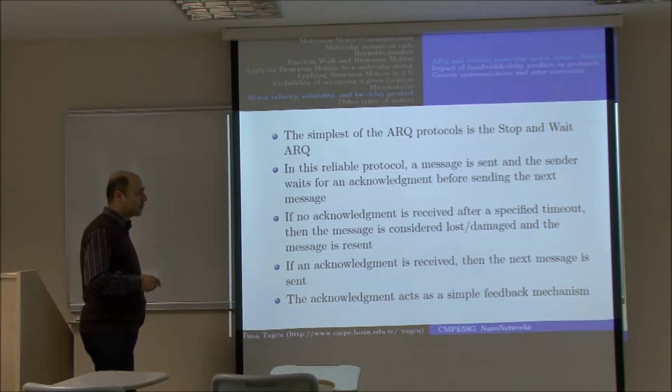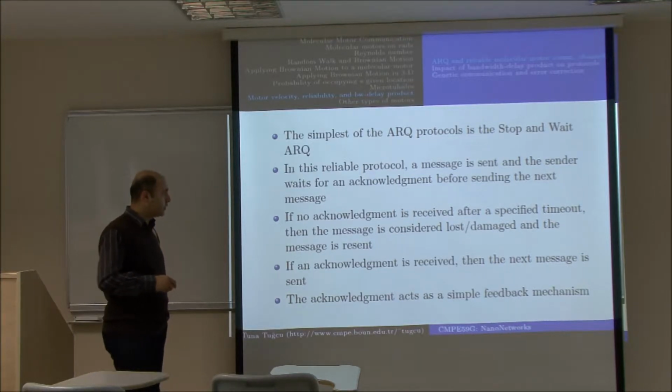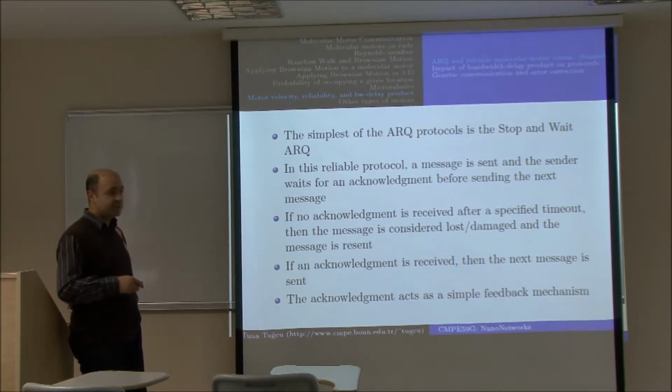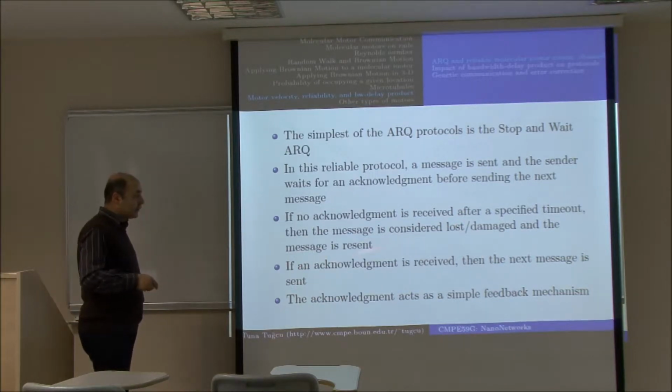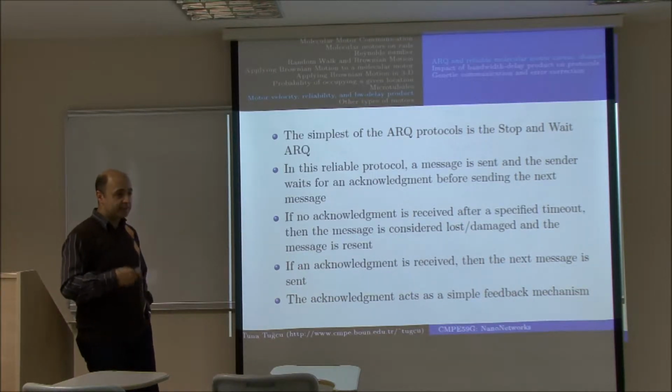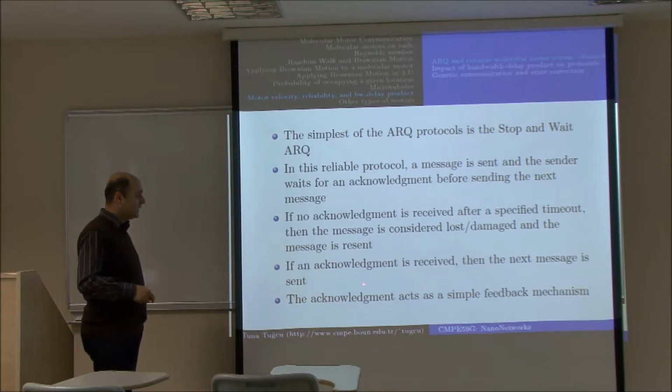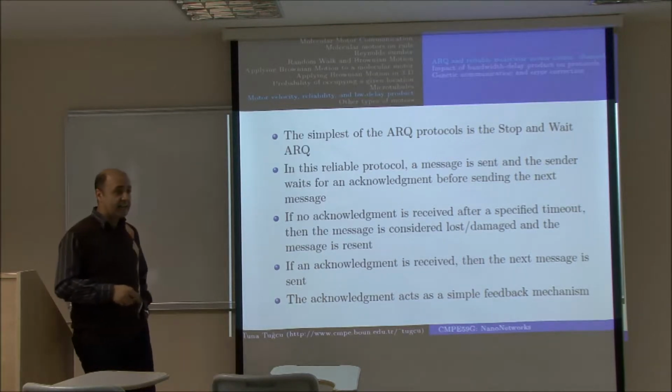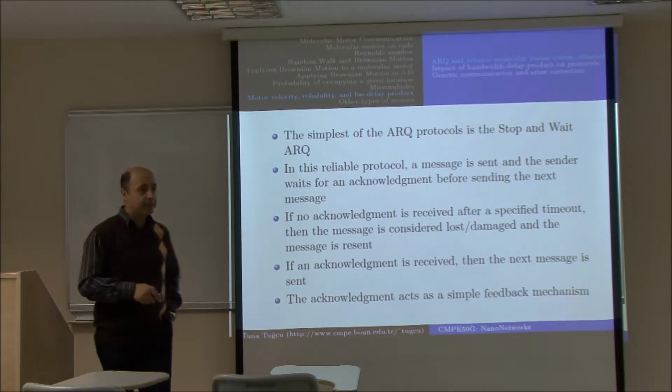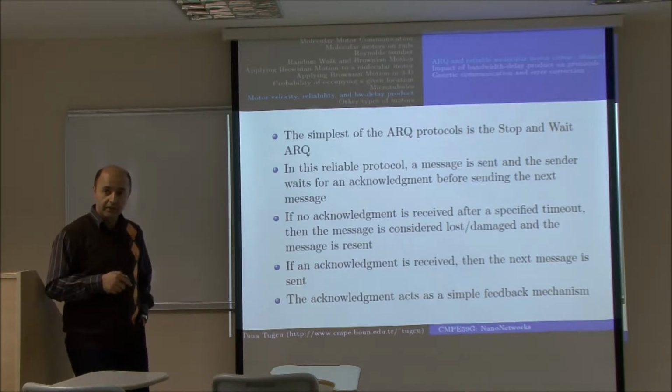If no acknowledgement is received in that timeout duration, then we have a retransmission of the lost or damaged packet. If the acknowledgement is received, then the next message can be sent, and the acknowledgement now acts as what we call a simple feedback mechanism to the sender. Okay?